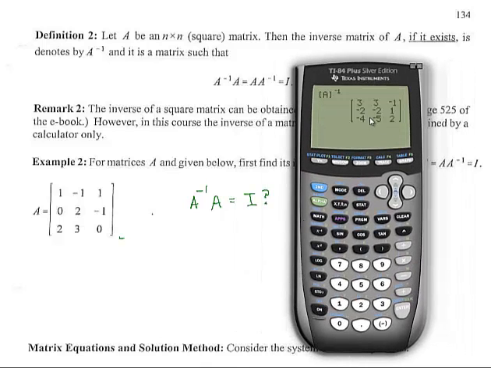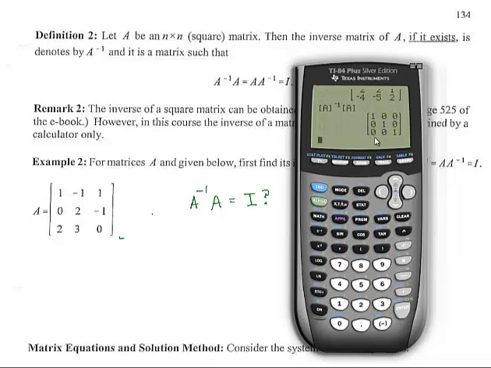We already have A up here somewhere, maybe not. Okay, well, there is A inverse. So what we want to do is bring this one down. There we go. A inverse comes first, like I wrote here. And now we want to go back to the matrix screen and enter A and bring it to the home screen. So A inverse times A, enter.